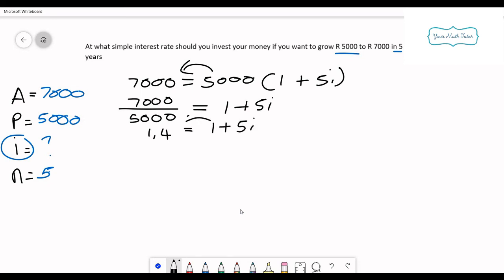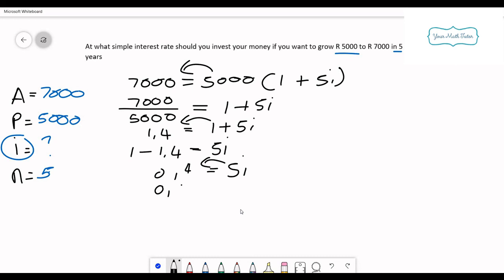And then we subtract 1 from both sides. We have 1.4 minus 1 is equal to 5i. And then that leaves us with 0.4, which is equal to 5i. And then we divide by 5 on both sides.